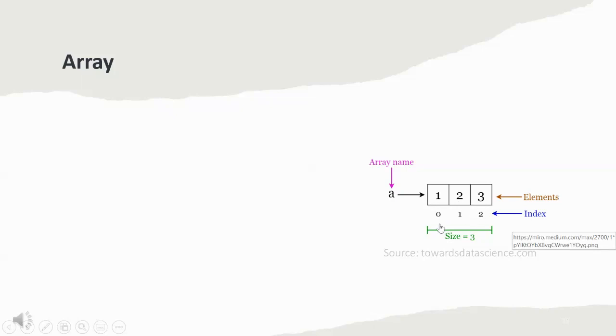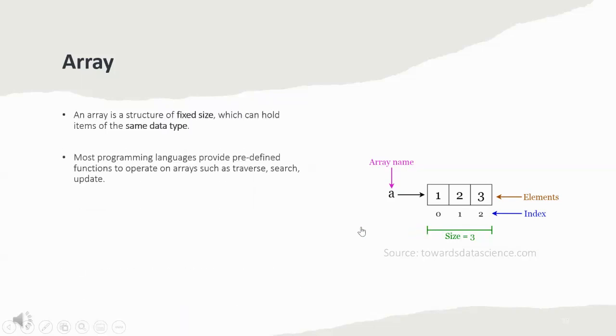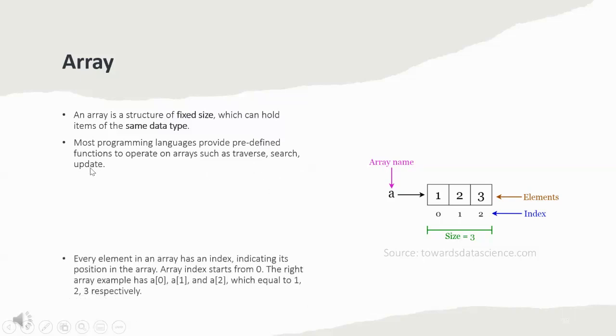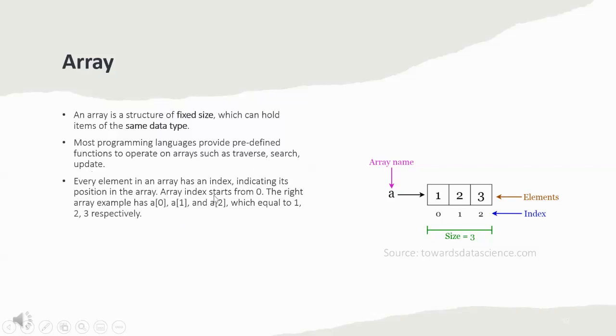Most programming languages provide predefined functions to operate on arrays, such as traverse, search, and update. Every element in an array has an index or subscript, indicating its position in the array.